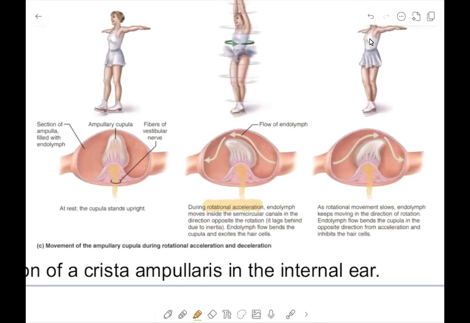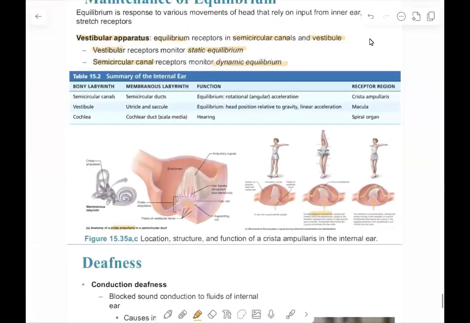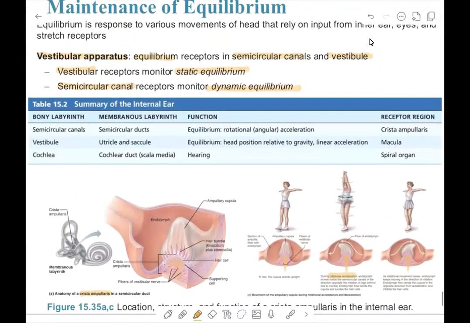And so basically, fluid moves in a certain direction, and that excites these hair cells and sends an action potential through the vestibular part of the vestibulocochlear nerve. So again, semicircular canals, their function is equilibrium, specifically rotational or angular acceleration called dynamic equilibrium.